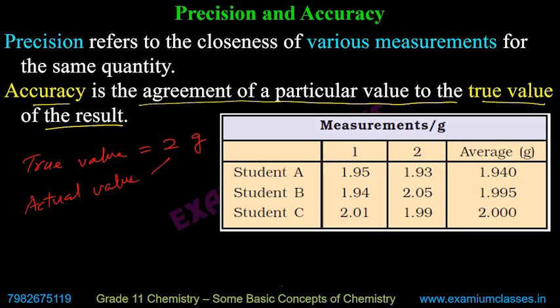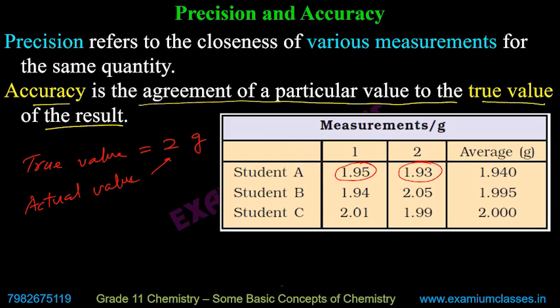Student A measured 1.95, 1.93. 1.95 is far away from 2 gram, 1.93 is far away from 2 gram. So both of these are not accurate, because these are far away from 2.